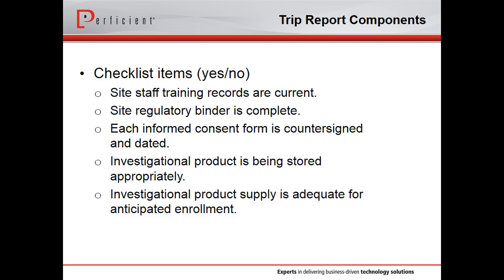Some examples of checklist items are whether the site staff training records are current, the site regulatory binder is complete, and informed consent is countersigned and dated. So really just going through a checklist of exactly what they need to do on that monitoring visit and marking it in that checklist item.